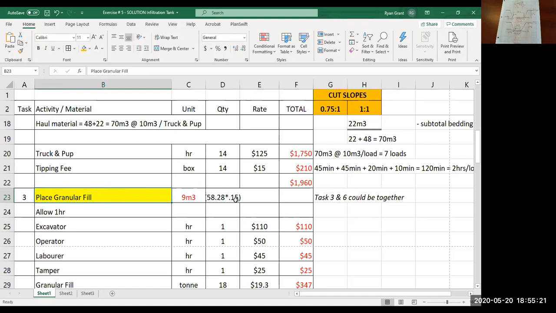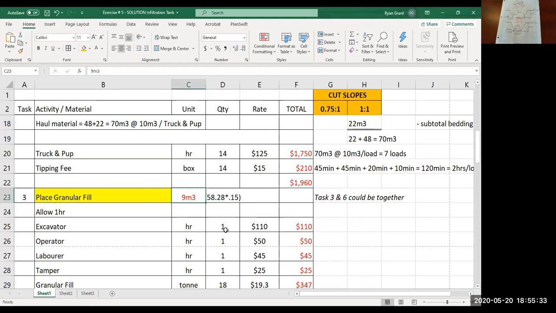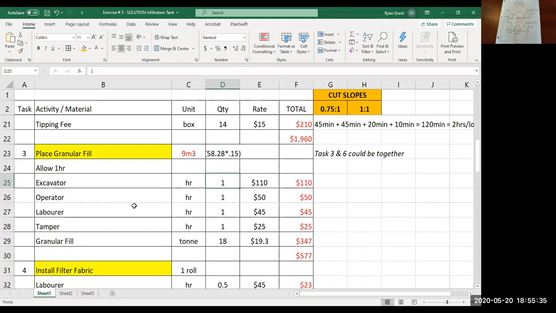That area times 150 thick is approximately 9 cubic meters. You backfill at 10 cubic meters an hour, so it's basically 1 hour. I've got my crew here for an hour, and then I've purchased the required tons. So simply 9 times 2 tons per cubic.